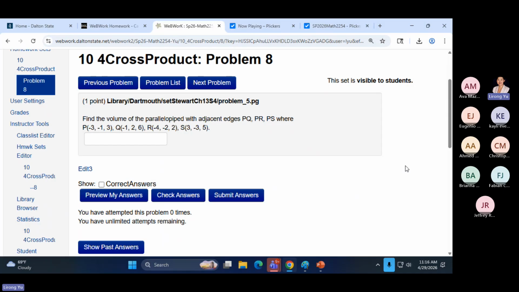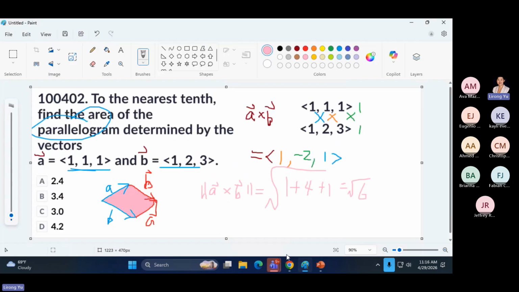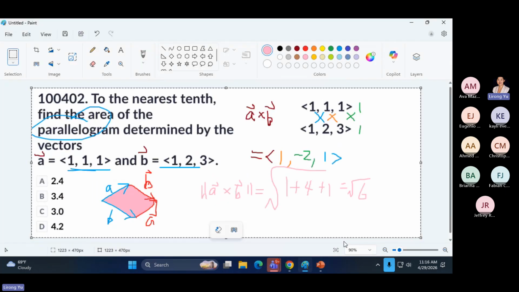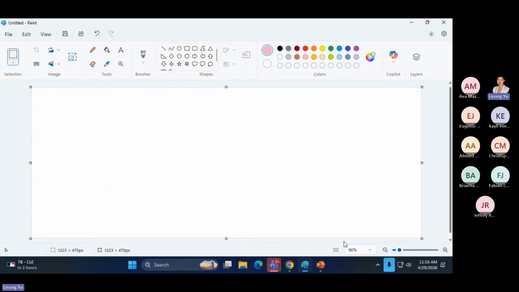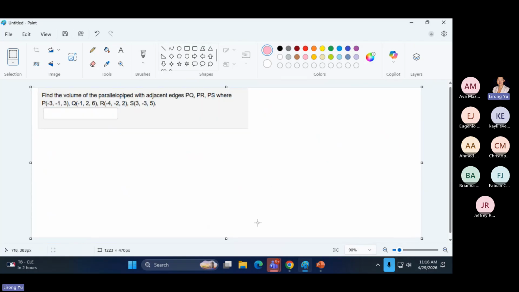That's why we identify PQ, PR, PS. Those are the vectors we would first calculate. So here we are. Let's try to form this one. And you can see when you are using cross product or dot product to answer the question, the number one thing is trying to make sure it is clear.